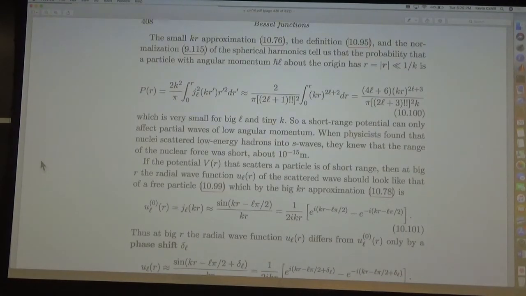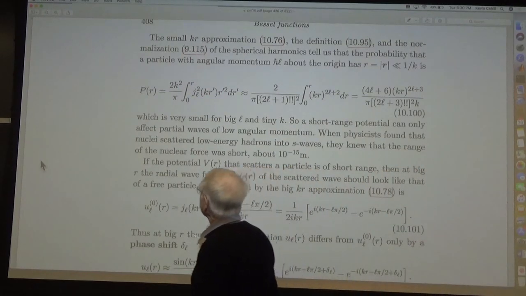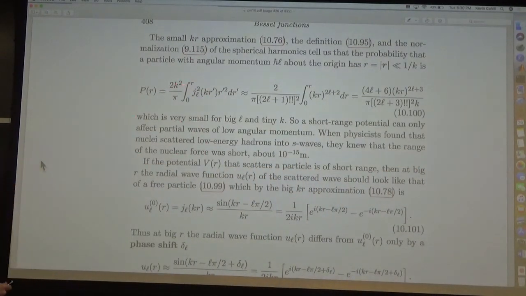If we go to the small kr approximation, then the probability that a particle with angular momentum h bar L is close to the origin, in other words, has r less than 1 over k, would be an integral. The angular part just gives you essentially unity, or 2k squared over pi.